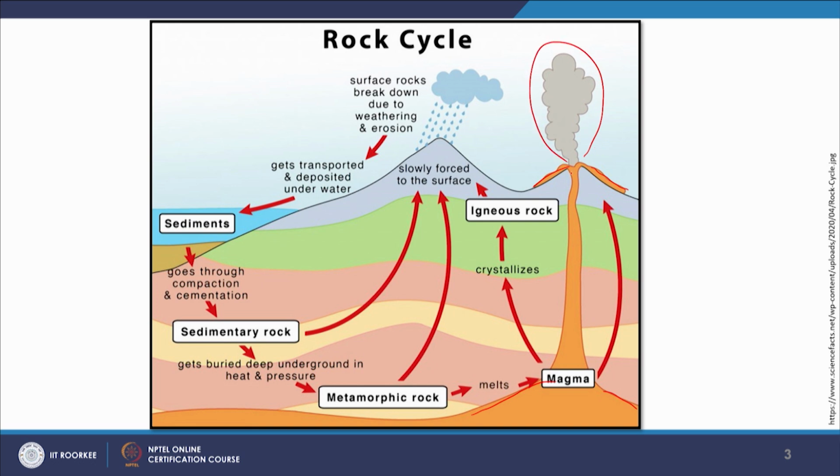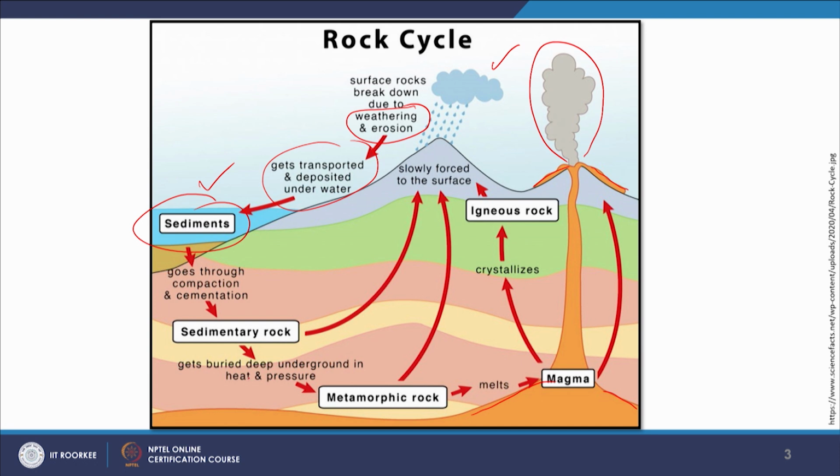Now there will be weathering and erosion, and the rock particles or grains will form sedimentary layers. The weathering and erosion occur because of input from the hydrologic cycle, that means clouds, rains or precipitation, and then the material is transported and deposited on the surface or in water conditions. So that becomes our sediments.